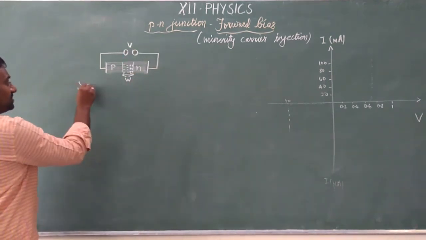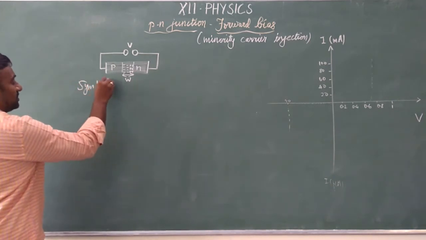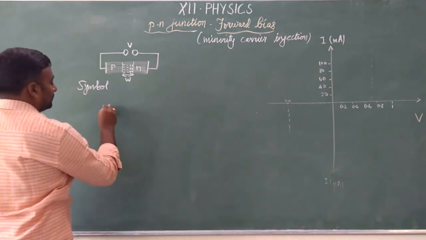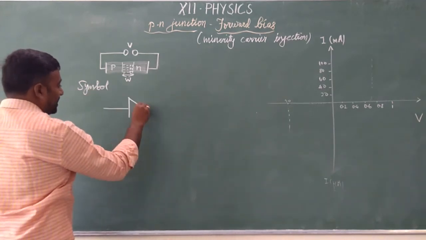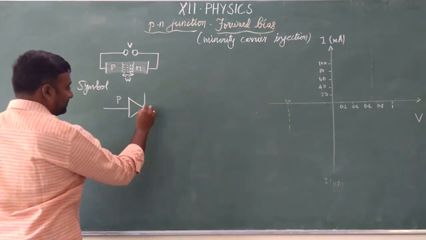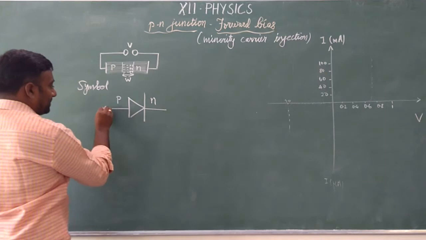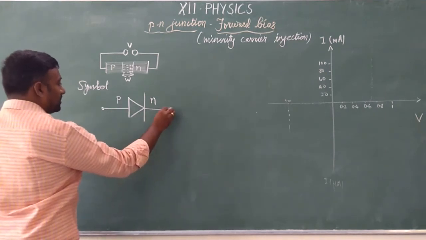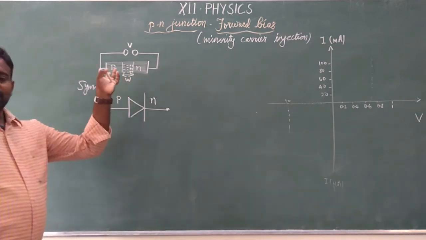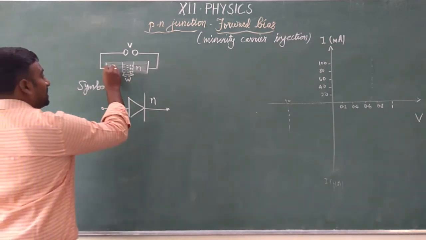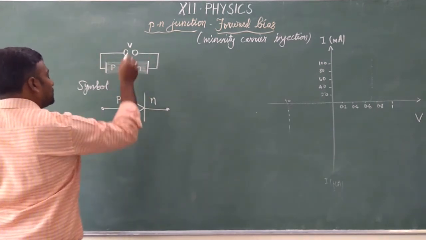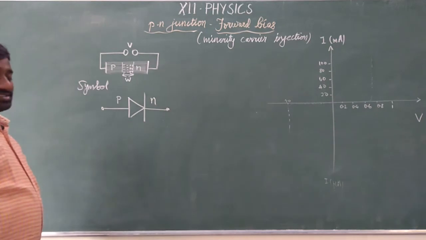So the symbol of the PN junction is very simple. The arrowhead means P, and the vertical line means N, connected to the external voltage. The PN junction formation is very simple: the P region and N region are connected with thin metal plates to an external battery or external potential.